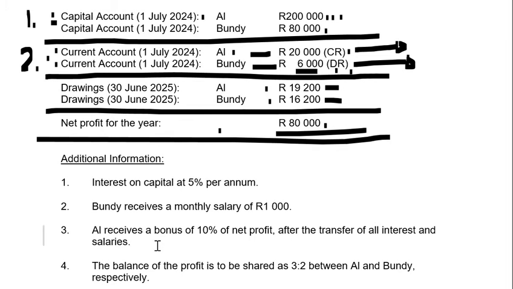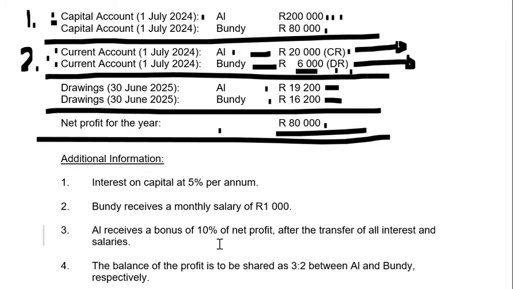Al receives a bonus of 10% of the net profit after the transfer of all interest and salaries. So Al is going to get 10% of that 80,000 after we've taken off the interest on the capital and the salary of Bundy.